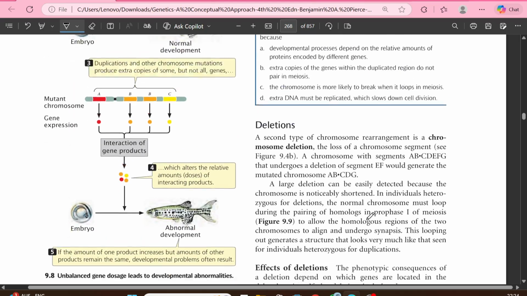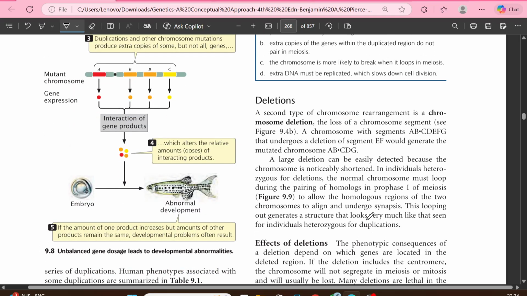Coming on to the next type of structural mutation subtype, that is deletions. Now deletion is opposite of duplication. What happens is generally one or the other segment of the gene gets deleted. Now if you compare the harmful effects of duplication and deletion, you will come to this conclusion that deletions are generally more harmful than duplications, because in duplications only one particular gene is getting duplicated.